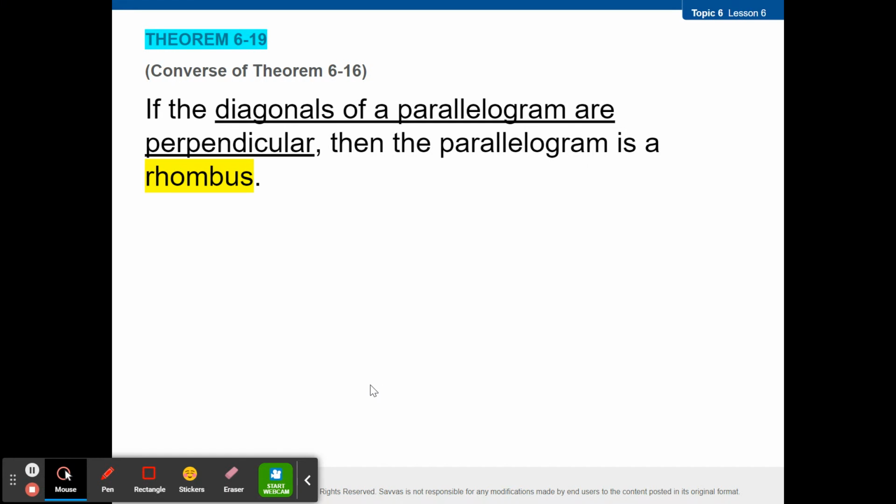Does that also mean it can be a square? Yes. Can it be a rectangle? No. A square, remember, has all that genetic material from grandmama parallelogram and mom and dad rhombus and rectangle.